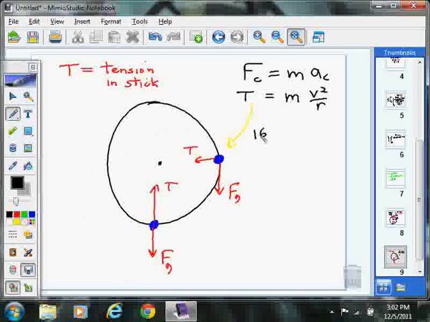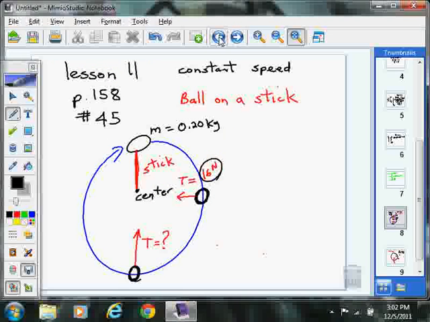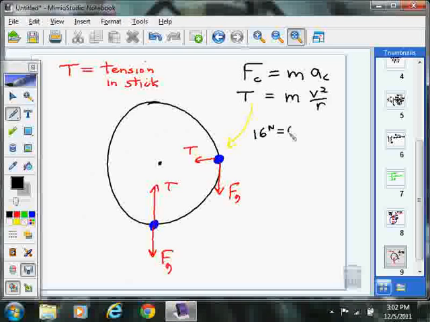So we know 16 newtons equals the mass, which was 0.20 kilograms, times v squared all over the radius. Did they give us the radius?